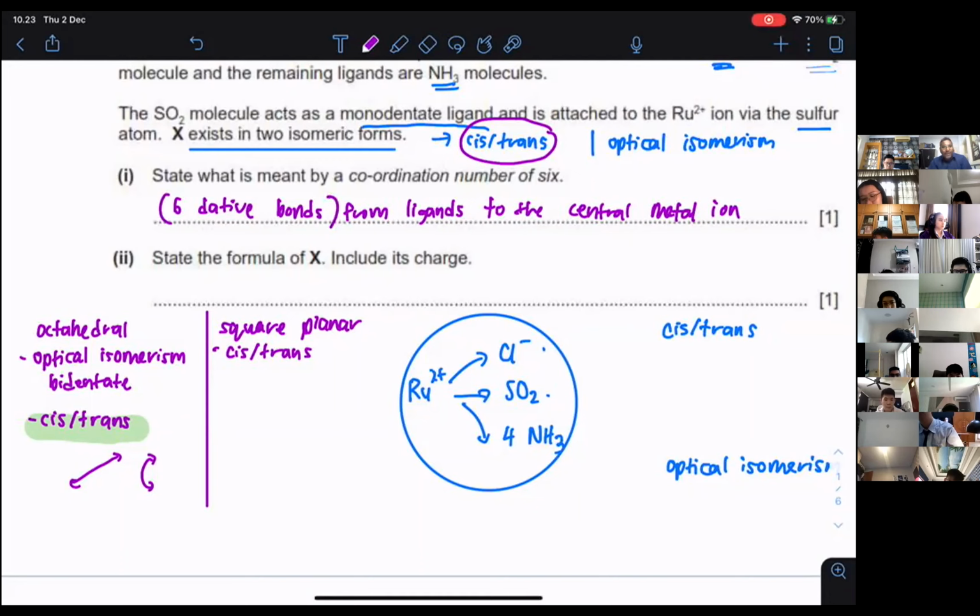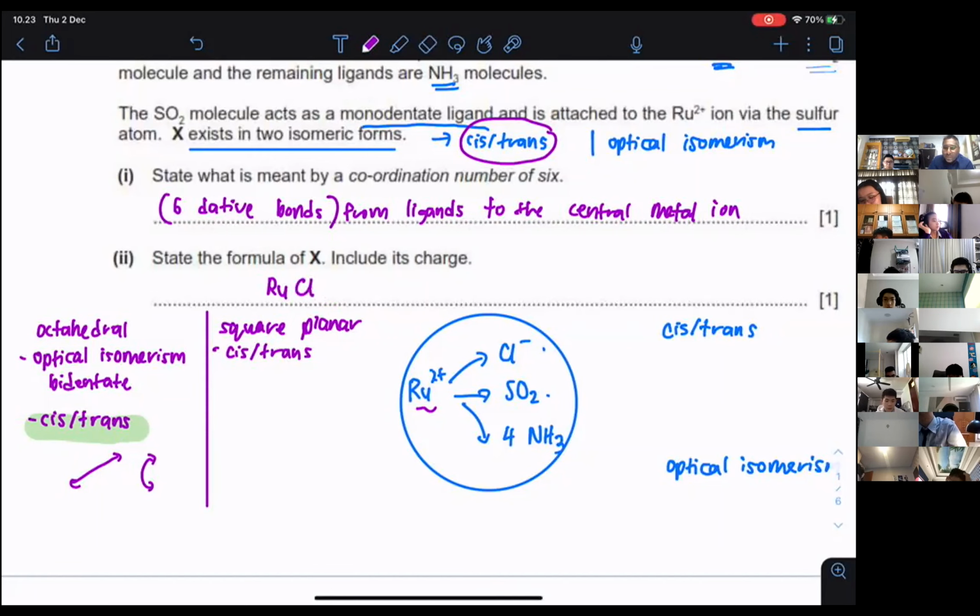Now state the formula of X including its charge. This is going to be Ru 2 plus, and then we have the Cl, Cl is minus. I will not put bracket for Cl because Cl is one atom.